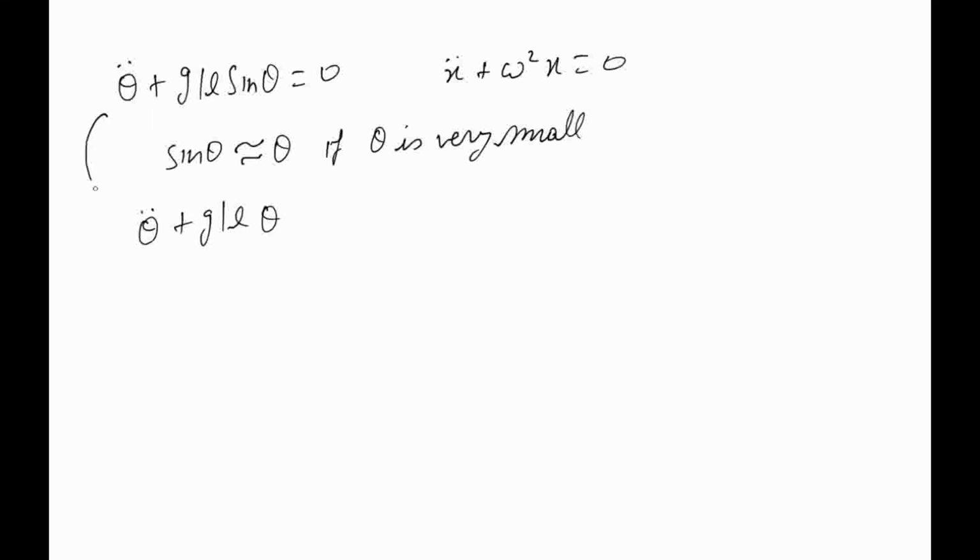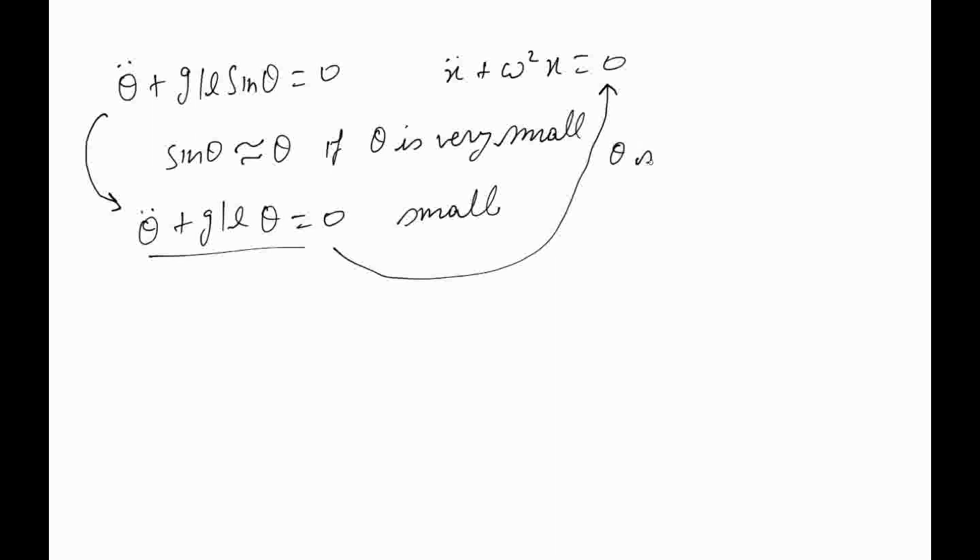This equation becomes this one with small theta, and this equation starts resembling this one. So this is an important point here, that a simple pendulum is a simple harmonic motion only for smaller values of theta, and make sure that here theta is measured in radians.